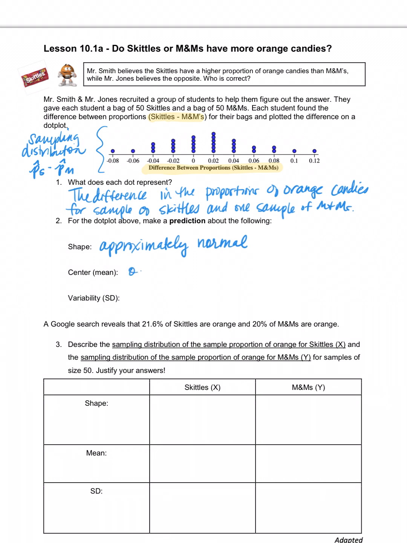We're just estimating here. Variability, well, how much variation is between these two? The typical variation, you could say approximately 0.06, but we're just guessing right now.